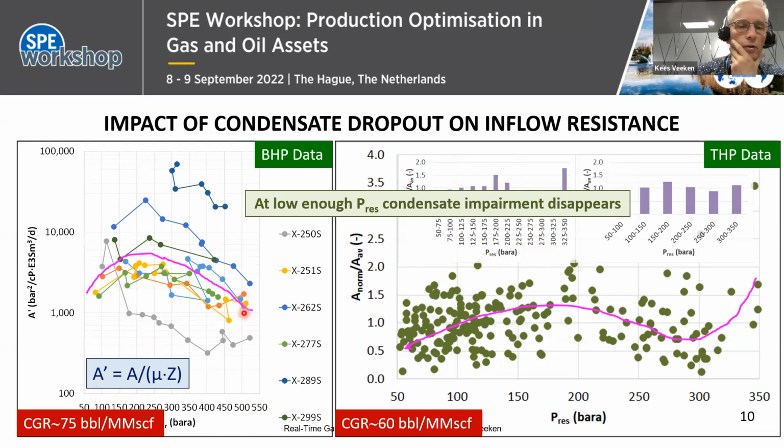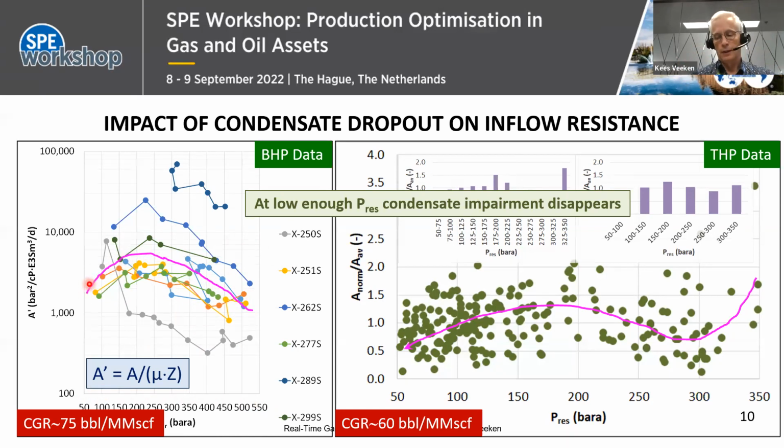What you do see in these wells is that as you pass dew point, which sits around 450 to 500 bar, inflow resistance does go up, maybe by a factor of 2. But then after you've reached 100 to 150 bar and you deplete further, because you have second stage compression, you will see that the inflow starts improving again.